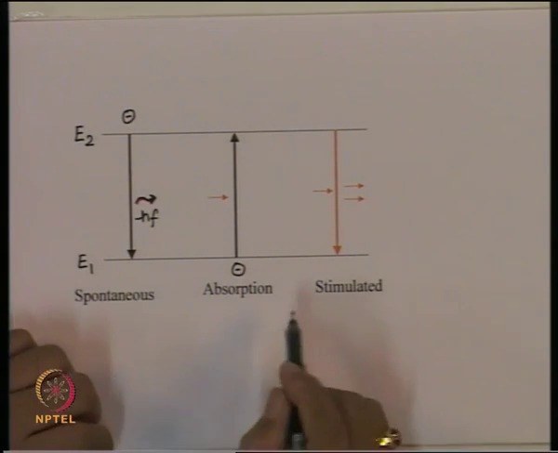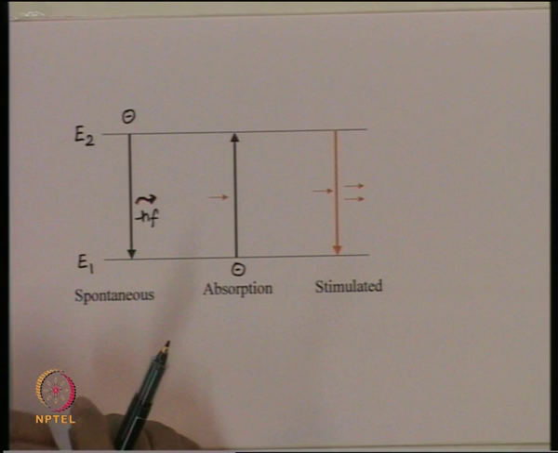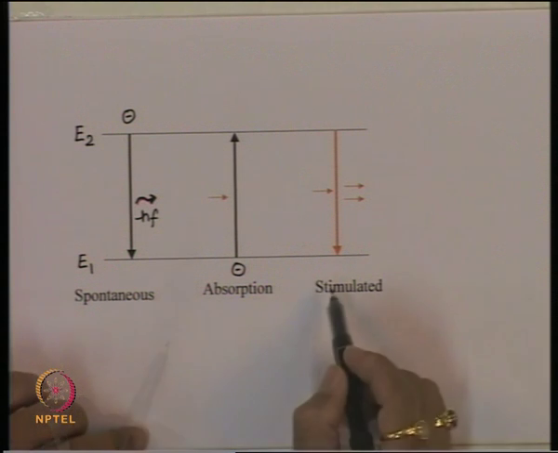What is proposed now is that in addition to these two phenomena, which one can observe very easily in nature, there is also a process which is the force process.